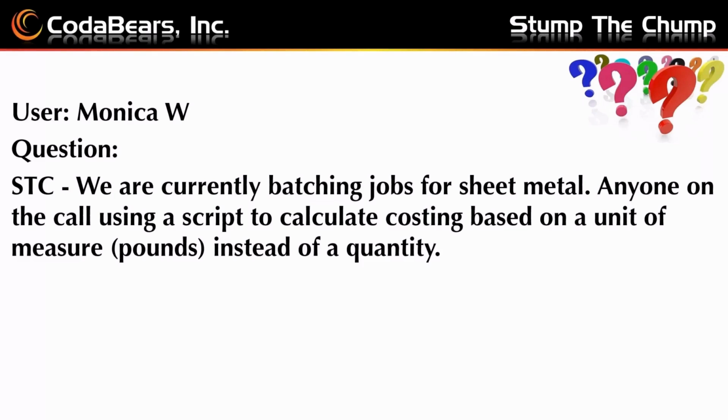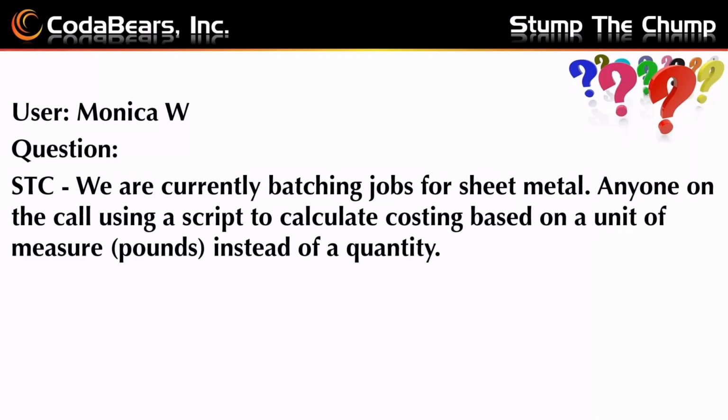We do not have the advanced unit of measure module. And at some point, somebody had said that could help with that calculation of converting it from a sheet to cubic inches, which we don't have, but we use pounds. Similar concept, right? So I just want to see if there's anybody else doing something like this and what kind of tricks of the trade they're using behind the scenes to get that costing to calculate.